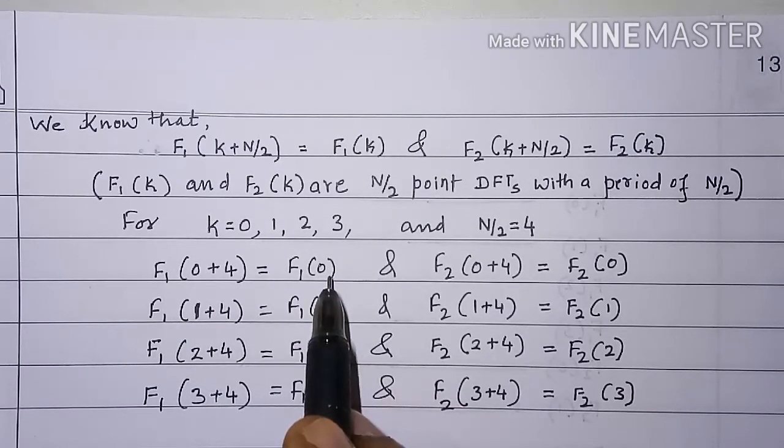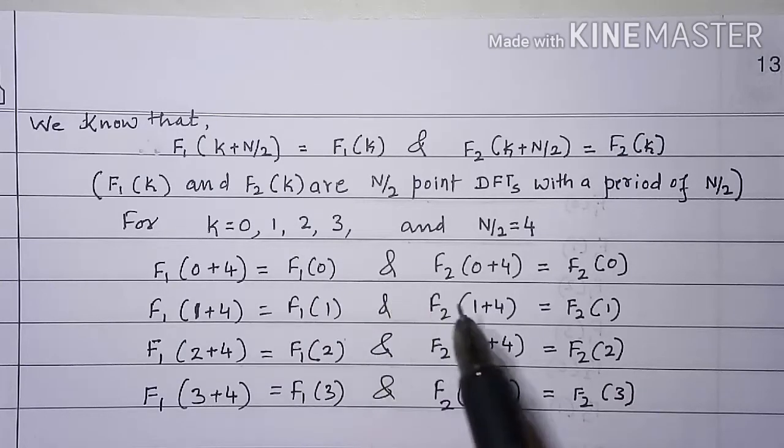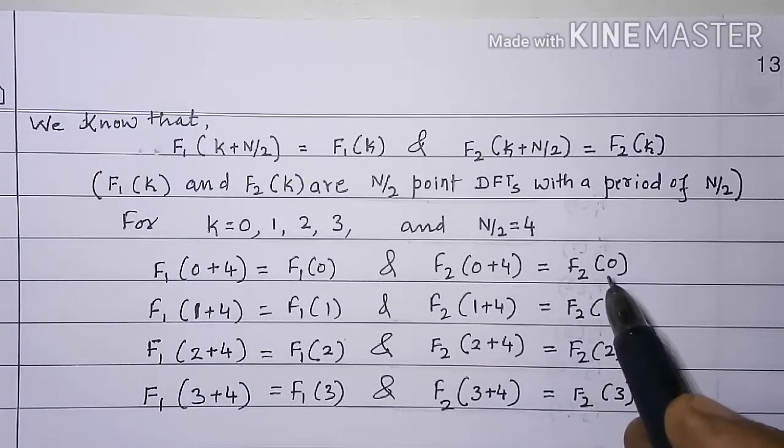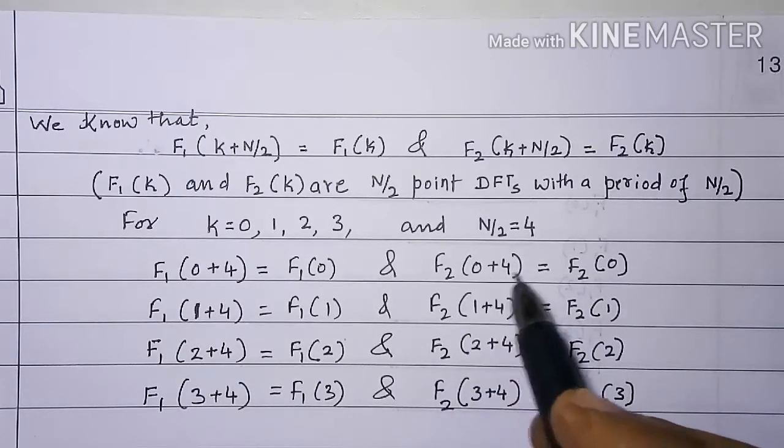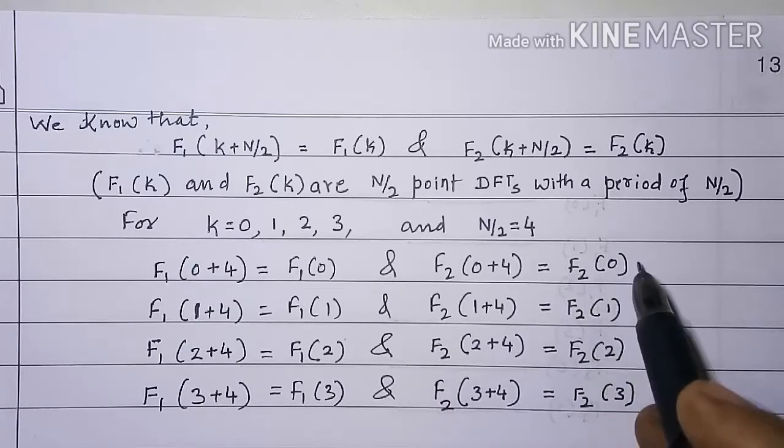Similarly, F2 of 0 plus 4 will be equal to F2 of 0.